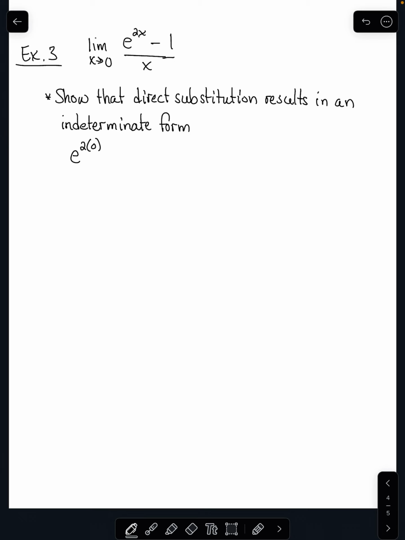So if I do a direct substitution of 0 for x, clearly I'm going to have a 0 in the denominator. In the numerator, I'm going to have e to the 0 minus 1, where e to the 0 is 1, and therefore 1 minus 1 is 0. So I do indeed produce the indeterminate form by direct substitution. This now allows me to use L'Hopital's rule.